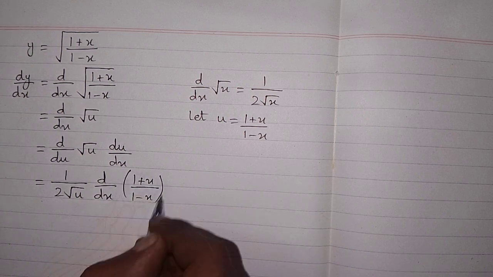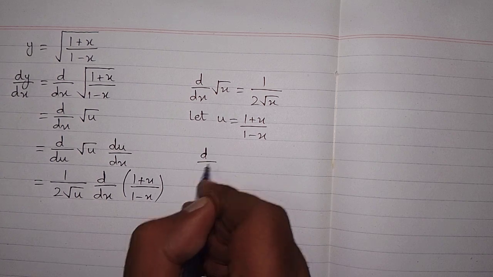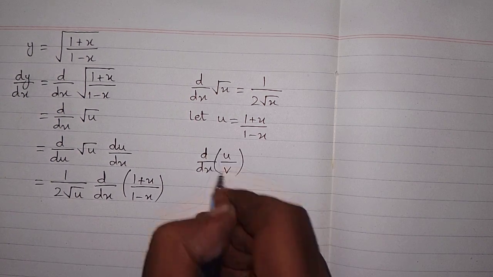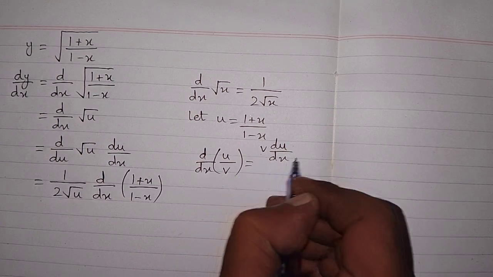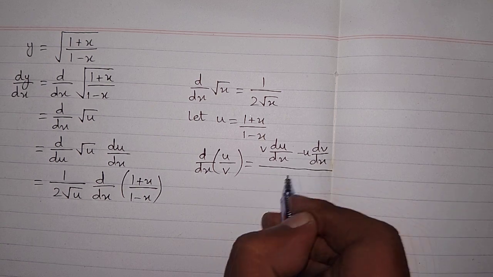Now we have a fraction, so we will apply quotient rule of differentiation, which is d by dx of u upon v is equal to v times derivative of u minus u times derivative of v, upon v square.